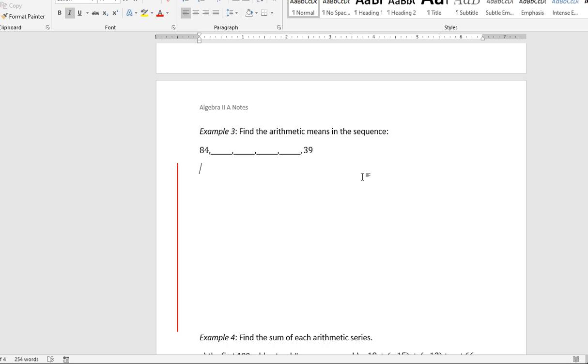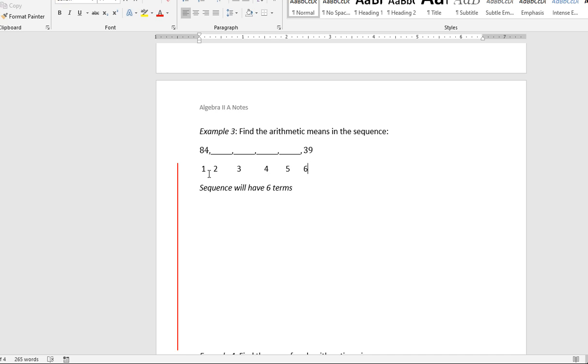We know our sequence will have 6 terms. So we could even number these and say that the 84, that's term number 1. This one will be term number 2. That'll be term number 3, 4, 5, and 6.